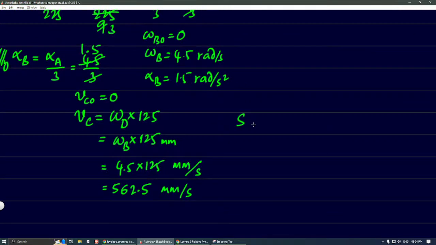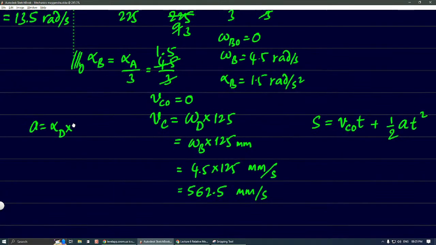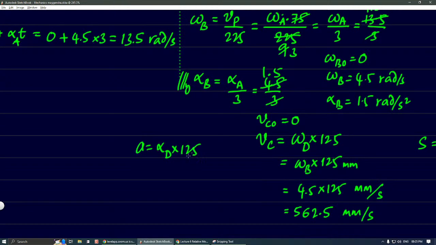Now we are interested in finding the displacement. The displacement will be equal to initial velocity ut plus half a t square. So we need to find a also. What is a? A will be alpha of D into distance, again 125.